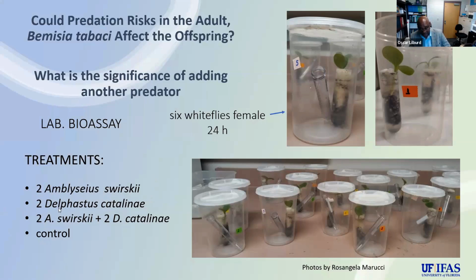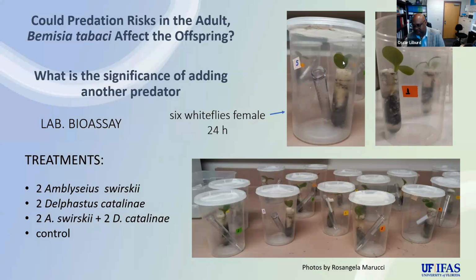Some growers have adopted using the Delphastus catalina, but again, we just feel like we can do much better. They wanted to know what happened if you use both Amblyseius swirskii and Delphastus. So we did these laboratory experiments to figure that out. In this bioassay chamber, we have two tubes.